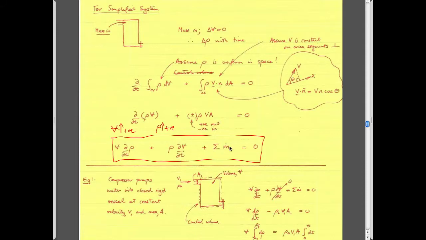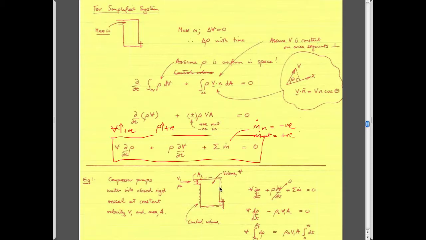And we have this issue of mass flow rates, in that m dot in equals negative because of the dot product, and m dot out is equal positive, right?